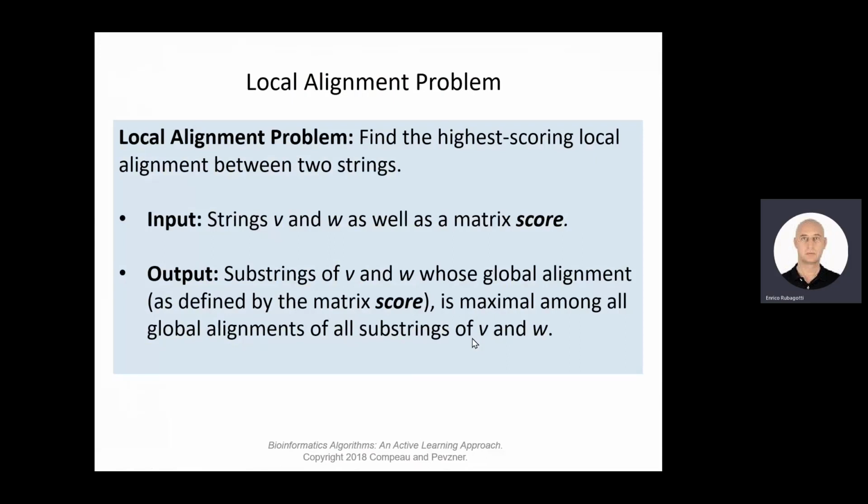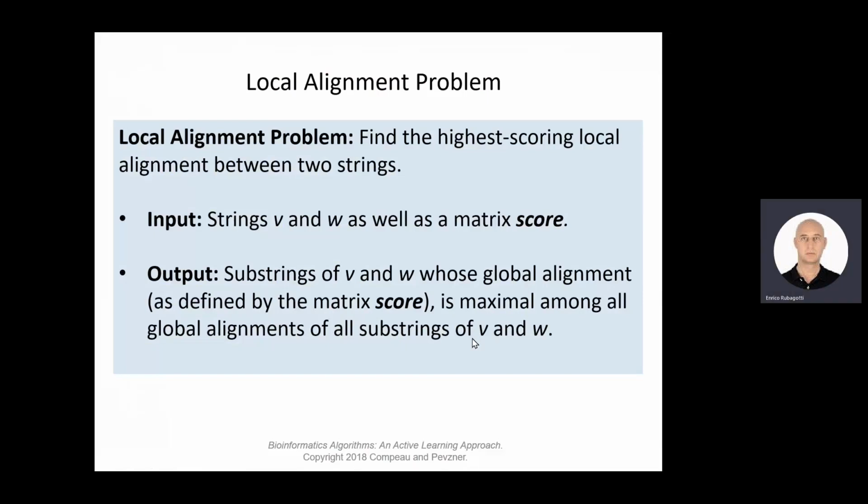We are going to outline the local alignment problem: how to find the highest scoring local alignment between two strings. We have two strings, V and W, and a scoring matrix.